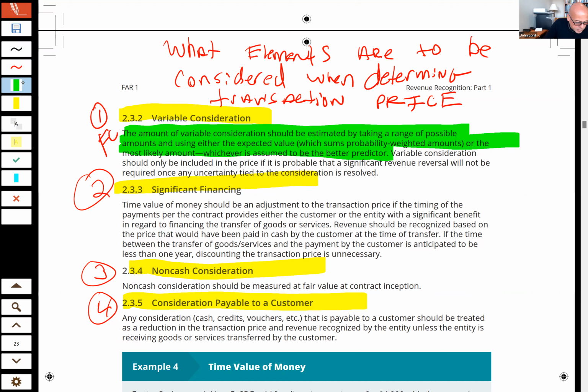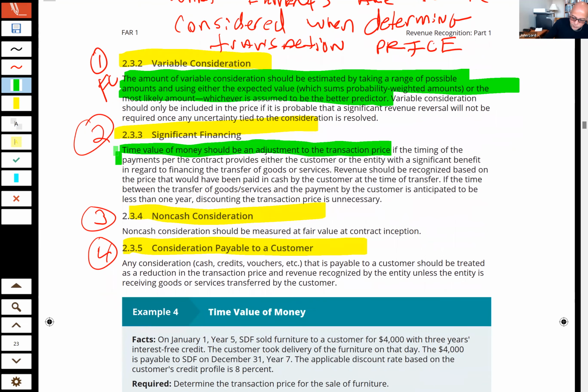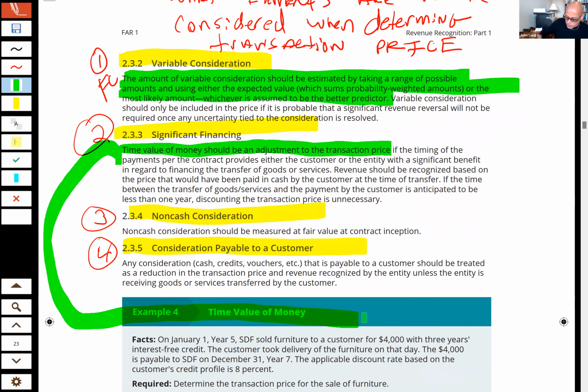Significant financing, I should say, and if there's significant financing, then we must use the time value of money to adjust the transaction price, okay? Now, let's just look at the example down here, where they're talking about time value of money.